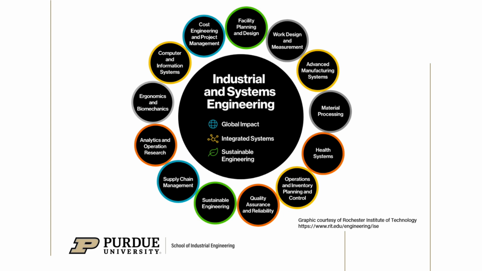What you'll often hear somebody referred to as a data scientist, or a data analytics professional, or an operations researcher, or an ergonomist, or a facility designer, or a manufacturing engineer, or a process improvement engineer, or an operations analyst. There are many, many, many different terms for the roles and responsibilities that IEs take as they go out into industry in the various areas that they might work in an organization.